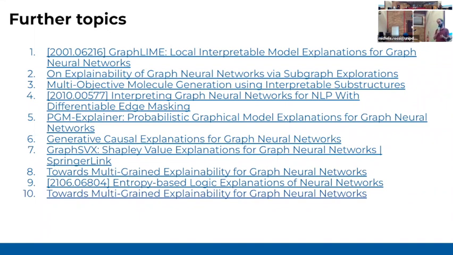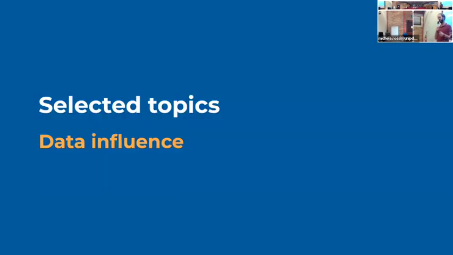And there's a whole class of interpretability methods called Shapley values that are game theoretic based. There are extensions for graphs, and I would say this is a decently complete bibliography if you want to read about explainability in graph neural networks.